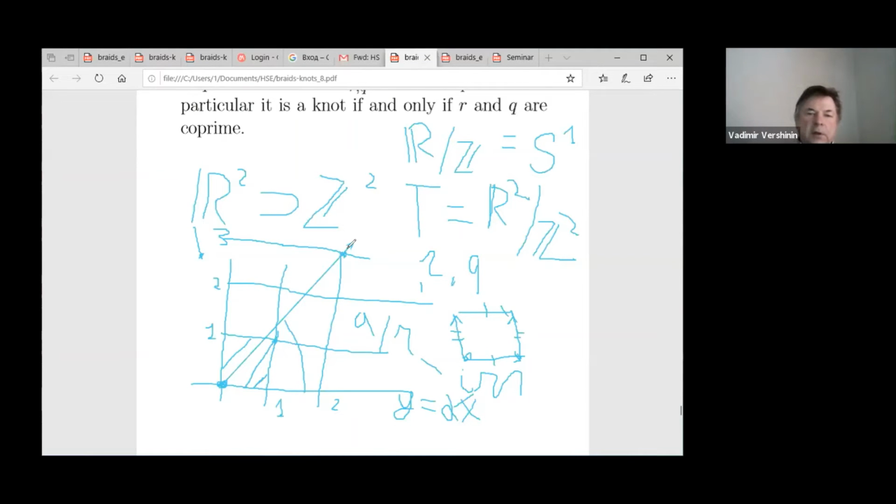But it is a standard exercise in elementary topology that it will be dense in the torus. But our objects are more beautiful. They are not dense. You just have a curve in the torus, right?